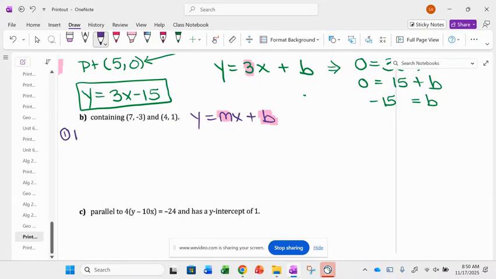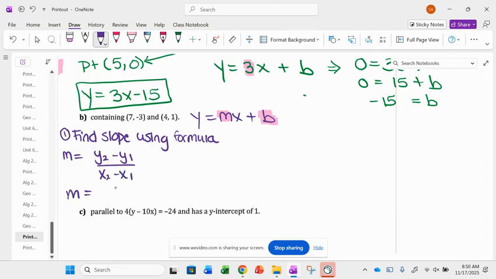Step 1, find slope using formula. So we're going to have m is equal to y2 minus y1 over x2 minus x1. So our slope is going to be 1 minus negative 3 over 4 minus 7.